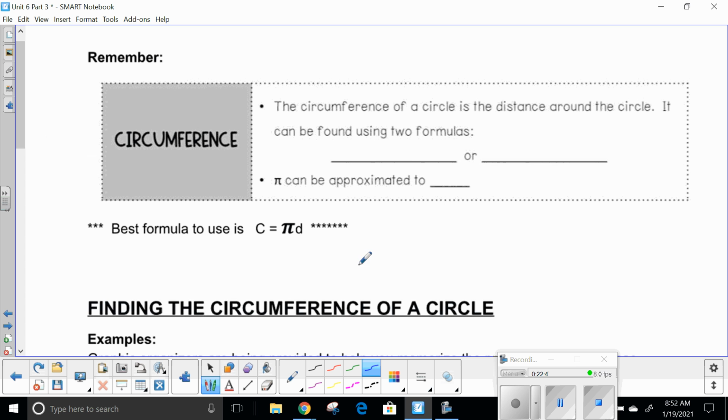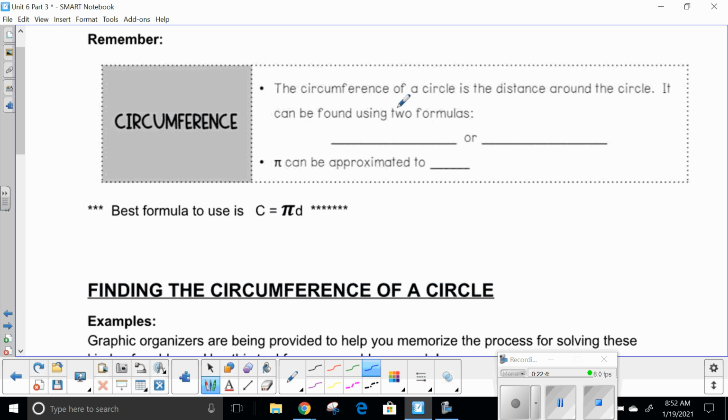All right, so circumference of a circle is the distance around the circle. It can be found using two formulas. Now, what we said before was we could use circumference is equal to 2 times the value of pi times the length of the radius, or we could use circumference is equal to pi, whatever the value of pi is, 3.14 times the circle's diameter.